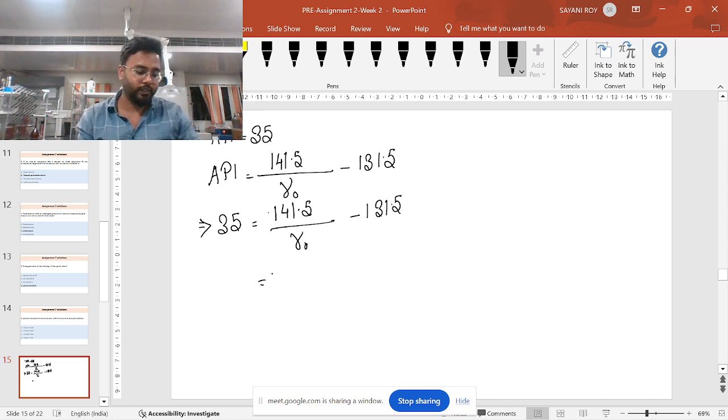So if we solve this, can anyone solve and tell me the answer?